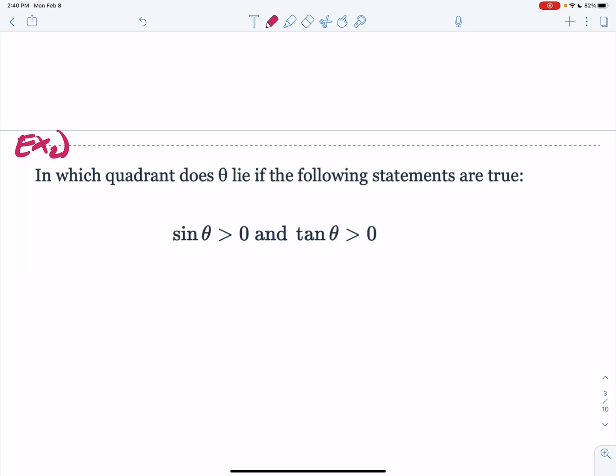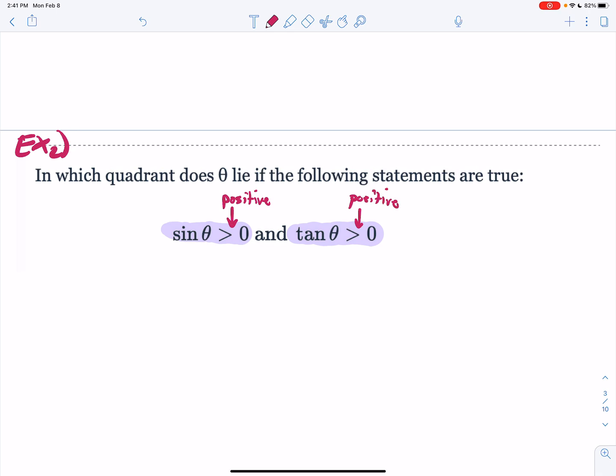So here it says sine theta is greater than 0, right? Sine theta is greater than 0, and tangent theta is greater than 0. Okay, first thing, remember what greater than 0 means. That just means positive. All numbers that are greater than 0 are positive. So this also means positive, right?